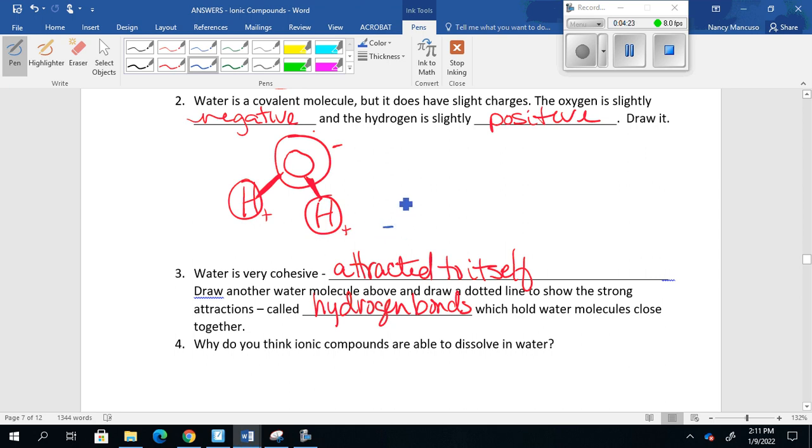So I'm going to make my O be right here. There's my oxygen atom, and I'm going to make my H be right here, and my other H be right here. The H's have slight positives, the O's have slight negatives. Then I'm going to take another color and show there's the attraction, there's the attraction. That attraction is the hydrogen bond.